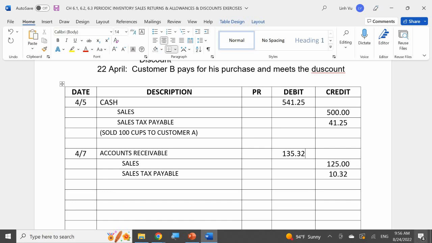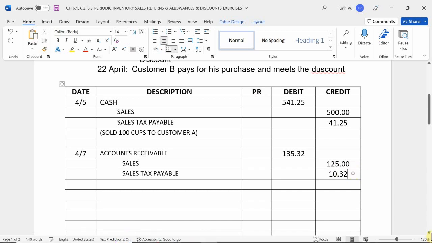In this case, that sales tax is 10.3125. So you don't round up for this one. You round down. So in this case, it's 31.